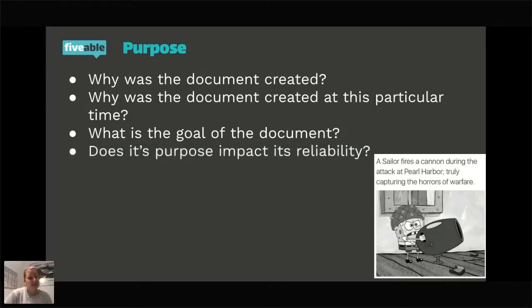And then lastly, does the purpose impact its reliability? If it's really over flattering to convince us to do something, maybe that over flattering isn't an accurate depiction of what's actually going on in the world at that time period. Maybe it's kind of like propaganda. We can look at propaganda images like World War I and World War II.